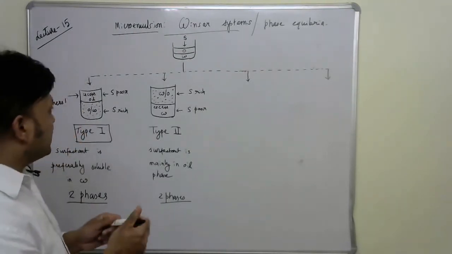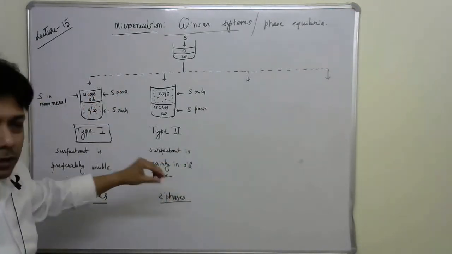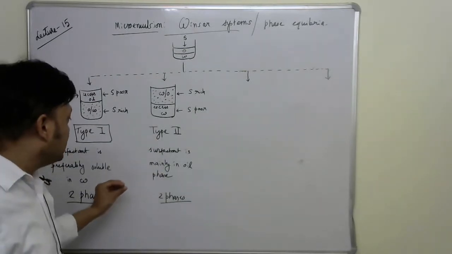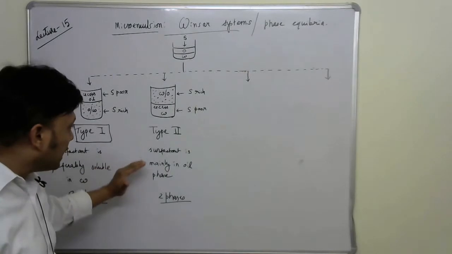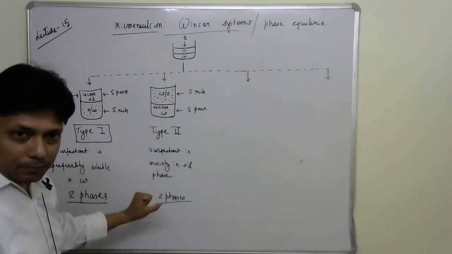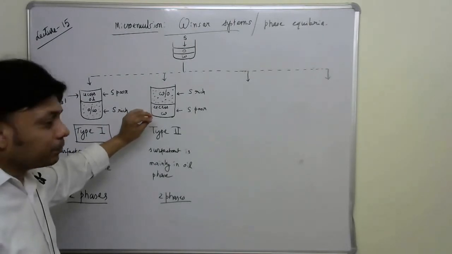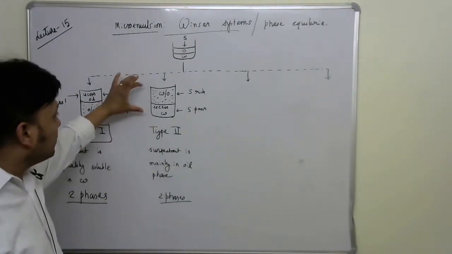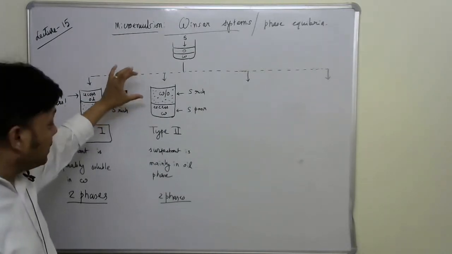Okay, so we move on to the second type, where obviously everything opposite happens. If the surfactant I have taken is preferably soluble in the oil phase, then most of the surfactants are in the oil medium. Therefore, we'll have a formation of a water in oil microemulsion. That part would stay as the top layer.